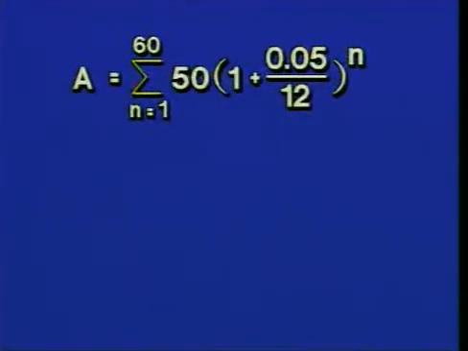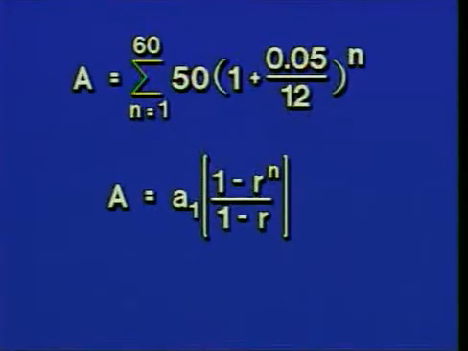And we can write that sequence like this: the summation, as n runs from 1 to 60, of 50 times 1 plus 5/100ths over 12 to the n power, where n now is our counting mechanism. Our formula for figuring the sum in this situation is this.